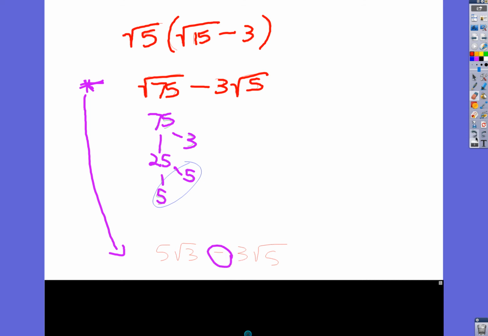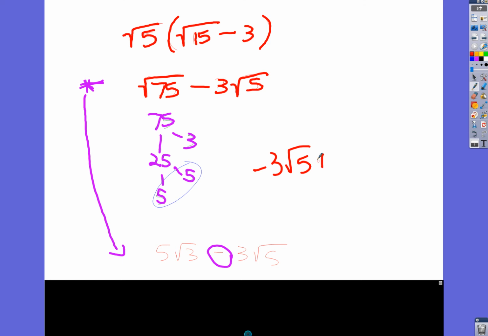But Mr. Romero, what if I were to put 3 square root of 5 minus 5 square root of 3? I would have had it backwards. That would be fine, right? No, but the sign would be off. The order doesn't matter, and there really is no reason for you to do so. But if you were to change the order, that 3 square root of 5 would have to still be negative.